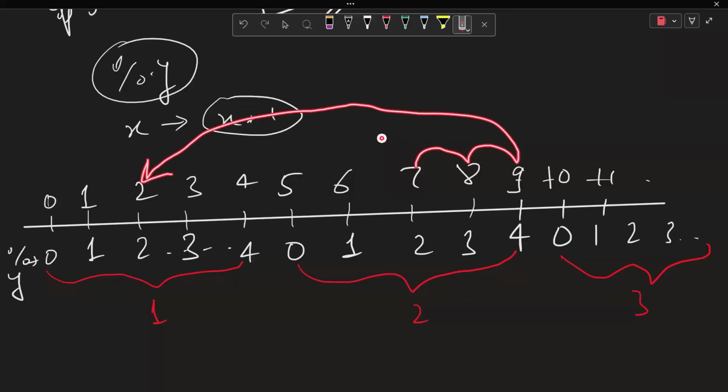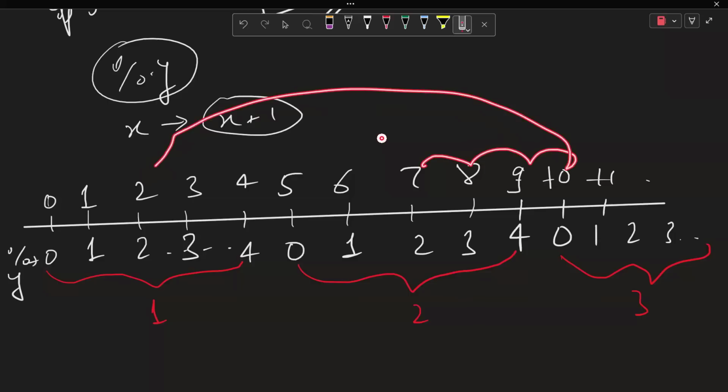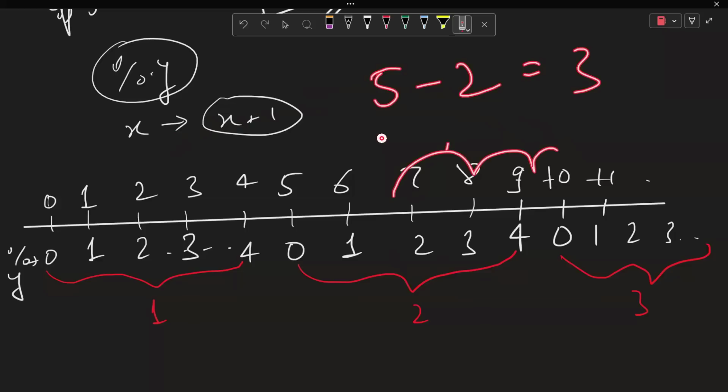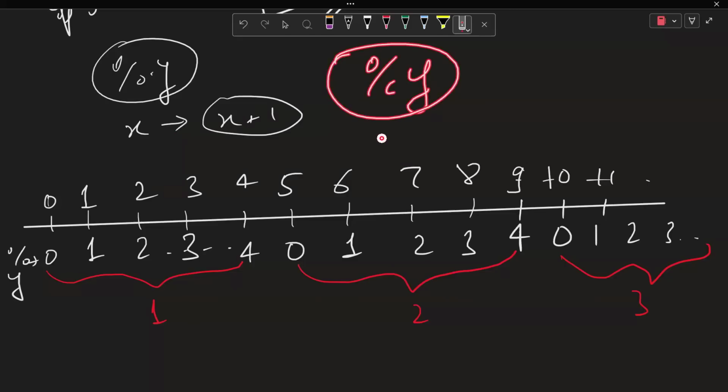Sorry, from here you would reach 10, and then you would get reduced to 2. So if you are at 7, just by looking at the modulo value, if it is 2, it means 5 minus 2 equal to 3. You would need 3 more steps to reach the end. So instead of doing it 3 times, in one time you can compute y minus x modulo y.